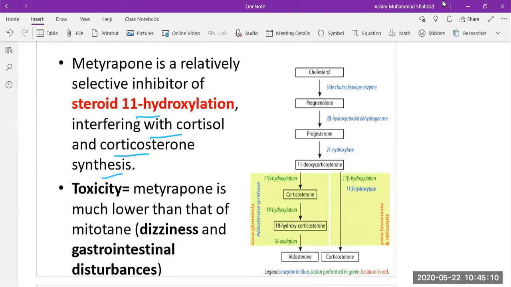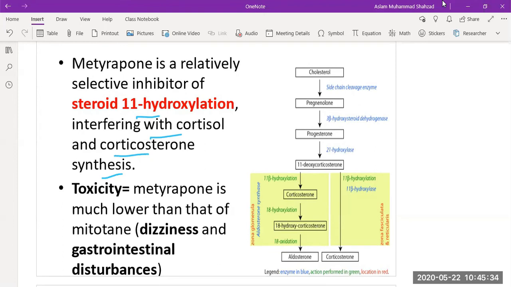We're not going to discuss the flow diagram, how the conversion occurs, but I am just going to go through it briefly. Cholesterol is converted into pregnenolone. Then with the help of an enzyme, it is converted into progesterone, and then with the help of another enzyme, it is converted into 11-deoxycorticosterone.